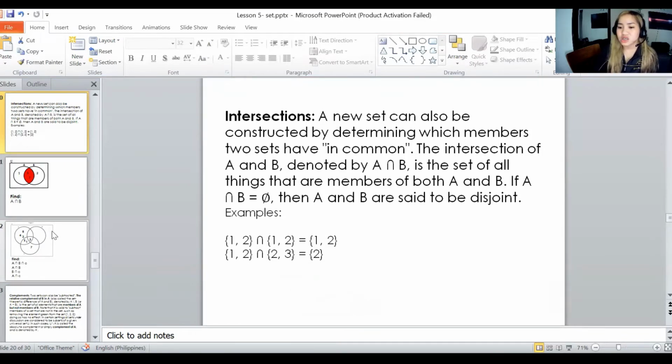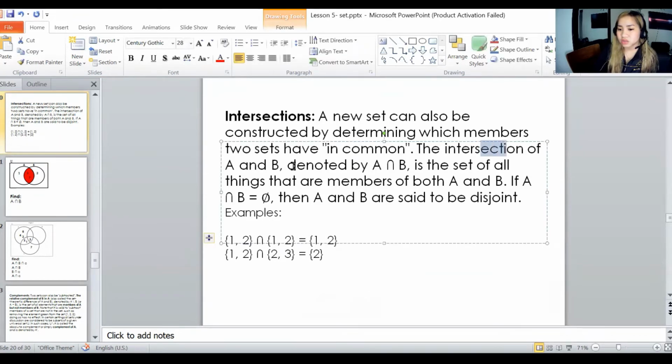The intersection of A and B, denoted by A ∩ B. Ang basa po dito is the intersection of A and B, or A intersect B, is the set of all the things that are members of both A and B.